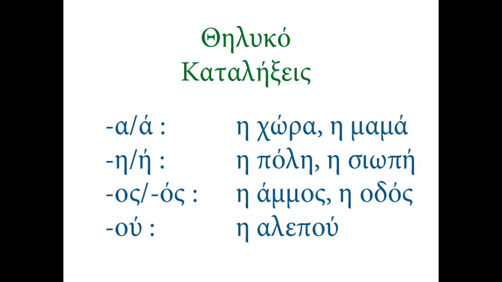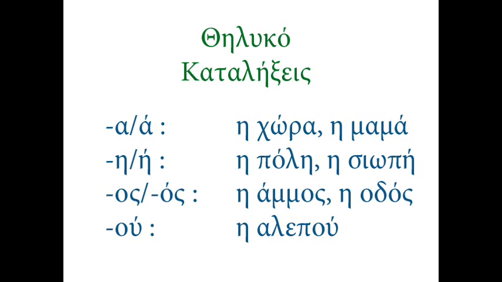Then we have the ending -ος or -ός with an accent. For example, η άμμος, which means the sand, and it's feminine, and η οδός, which means the road or the street, but keep in mind that we use the word οδός for addresses. For the other uses of road or street, we have different words.